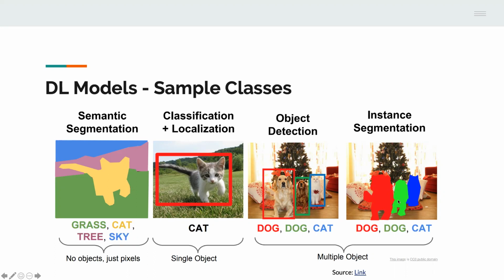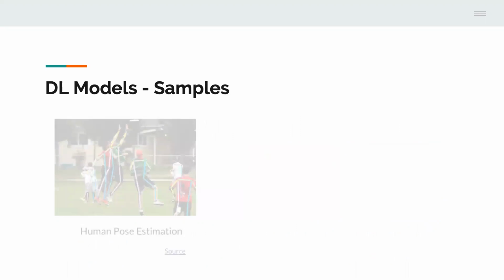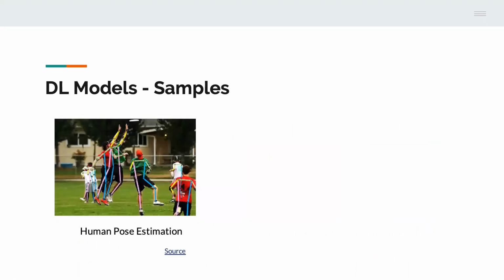And then you also do the instance separation. Like there is one dog marked in red color and one dog marked in green color. So that is like a pixel level analysis, pixel level segmentation, and that's why it's called instance segmentation. So these are some of the main models on the classification and detection approaches.